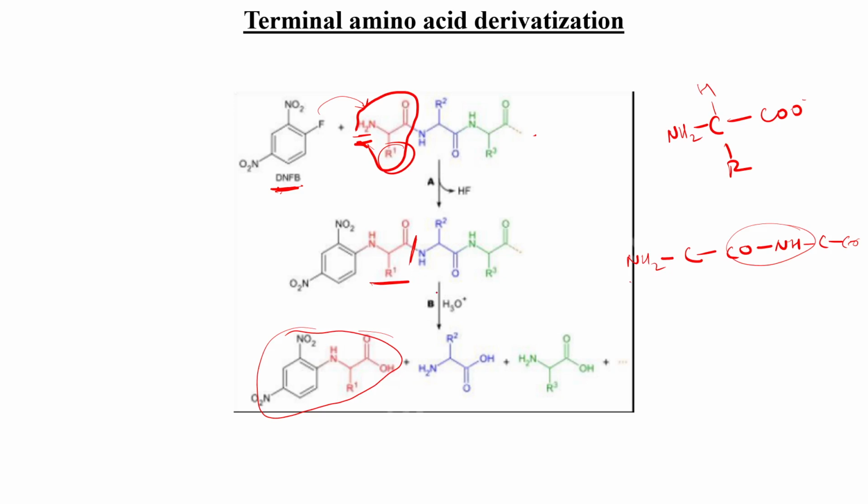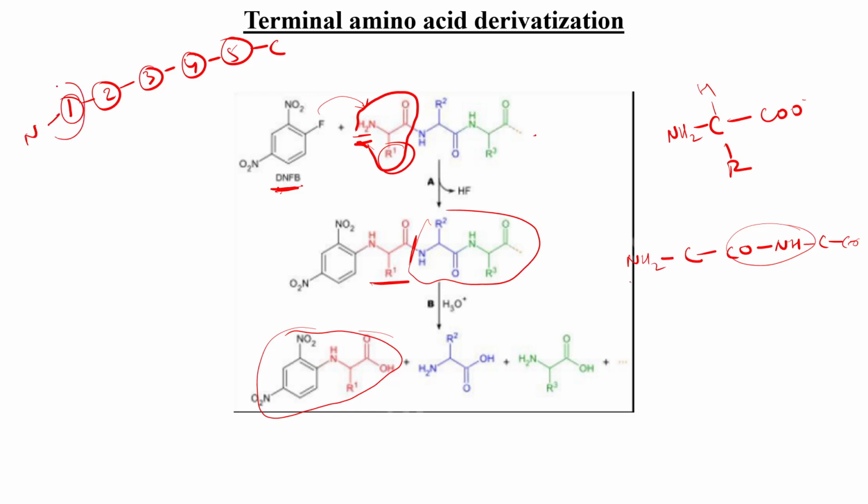Once this is analyzed, we'll get the free peptide from the second position. So let's say we have a 5 amino acid peptide, a pentapeptide. Okay, so we have the first amino acid, second, third, fourth, and the fifth amino acid. This is the N terminal and this is the C terminus.